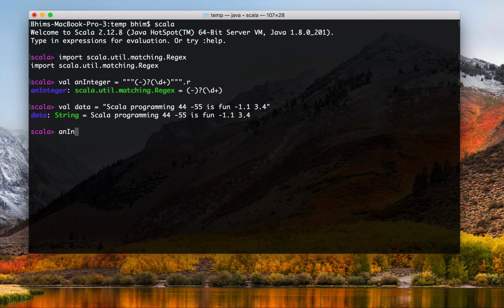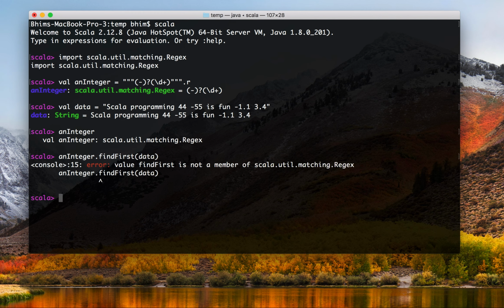Now anInteger findFirst. I'm using infix operator notation, which is almost like saying anInteger dot findFirst. It's the same thing. So anInteger findFirst data. Let me do that.